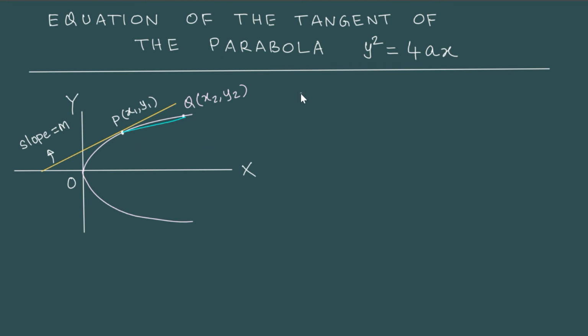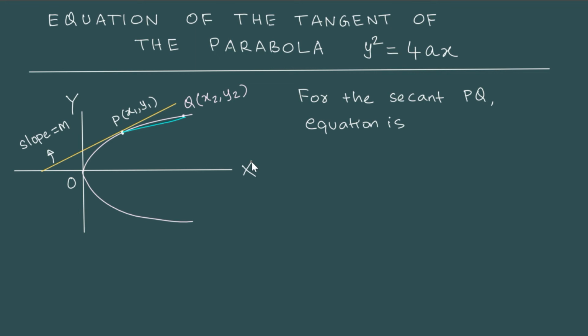So for the secant PQ, the equation is... Now, why are we taking the secant first?